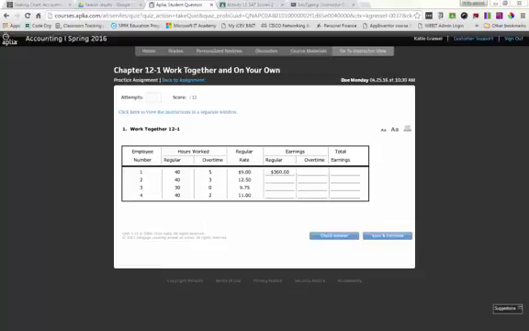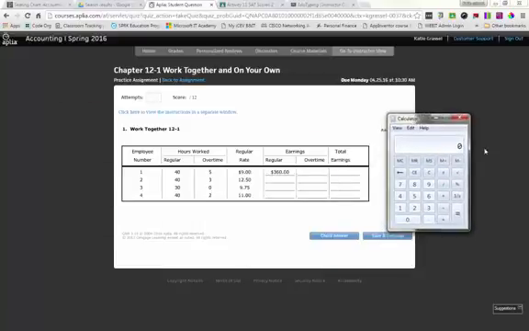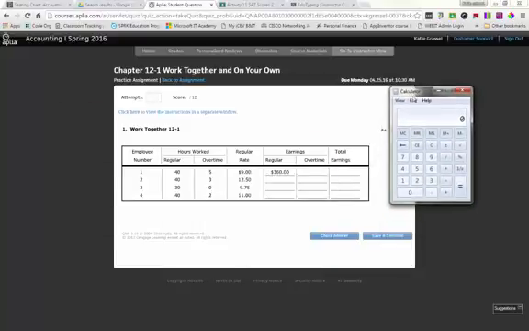Now, to calculate your overtime earnings, just to make sure you can see this, I'm putting the calculator up here. The first thing we have to do is calculate your overtime rate. Your overtime rate is going to be $9 times 1.5. So employee number 1 earns $13.50 an hour. And how many hours did they work for overtime? 5.